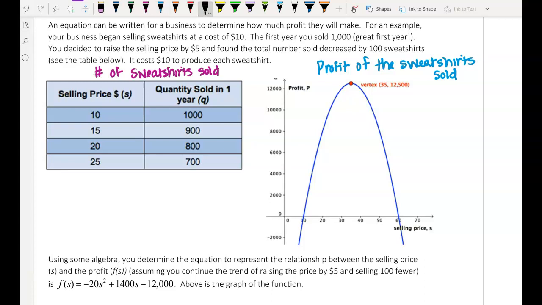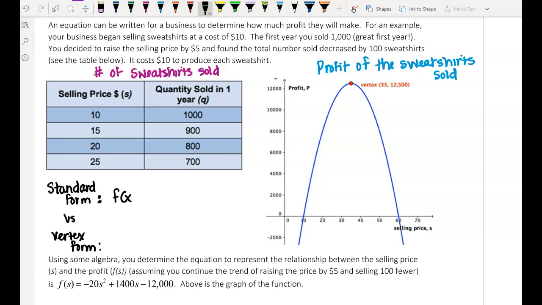Now, before we go any further, to remind ourselves of standard form versus vertex form. We started out the unit in standard form, then we transitioned lately to vertex form, and most of what we're doing today is back in standard form.